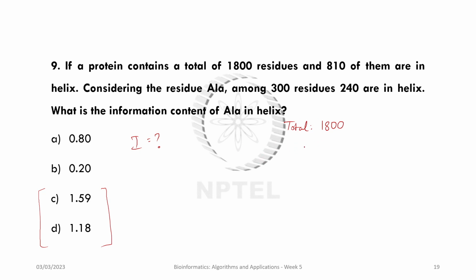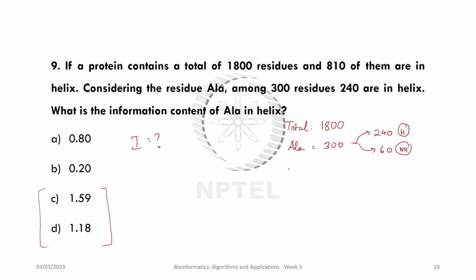Total is 1800. So, alanines are 300, of which 240 are helix and 60, right, are not helix. I'm just giving H and NH. Hardi also says C.